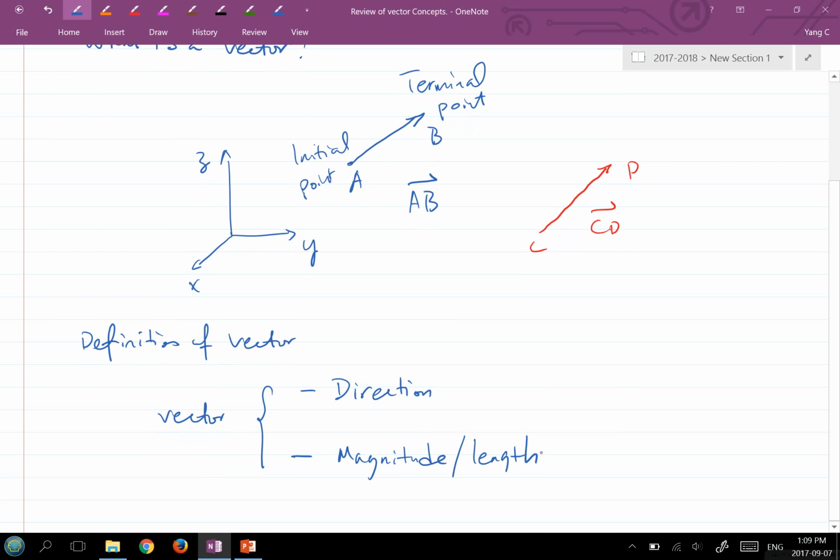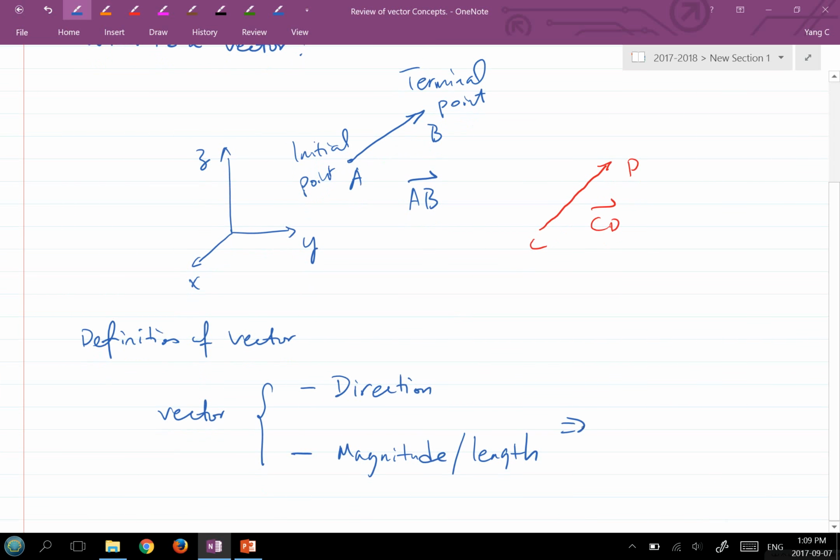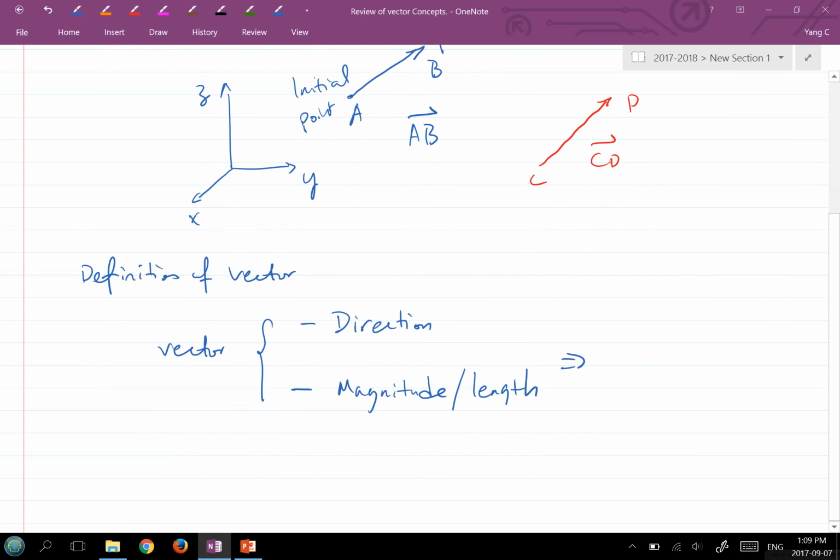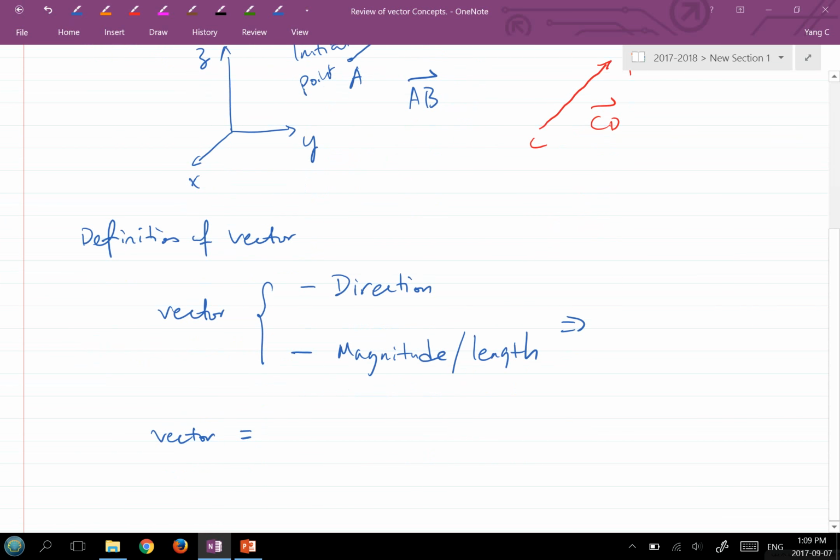Mathematically, whatever vector it is, you can always write it as its length times its direction. That's what defines the vector.